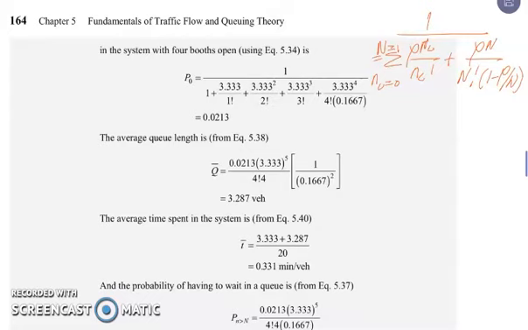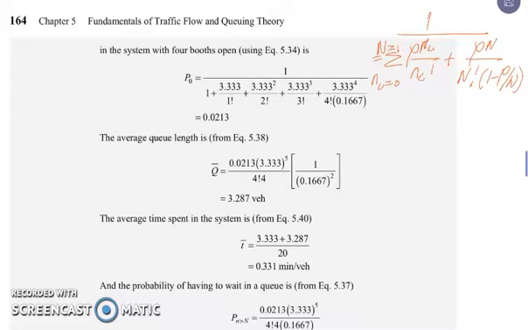There are 4 channels, so it starts with n sub c equal to 0: rho raised to 0 is equal to 1 all over 0 factorial, which is 1.